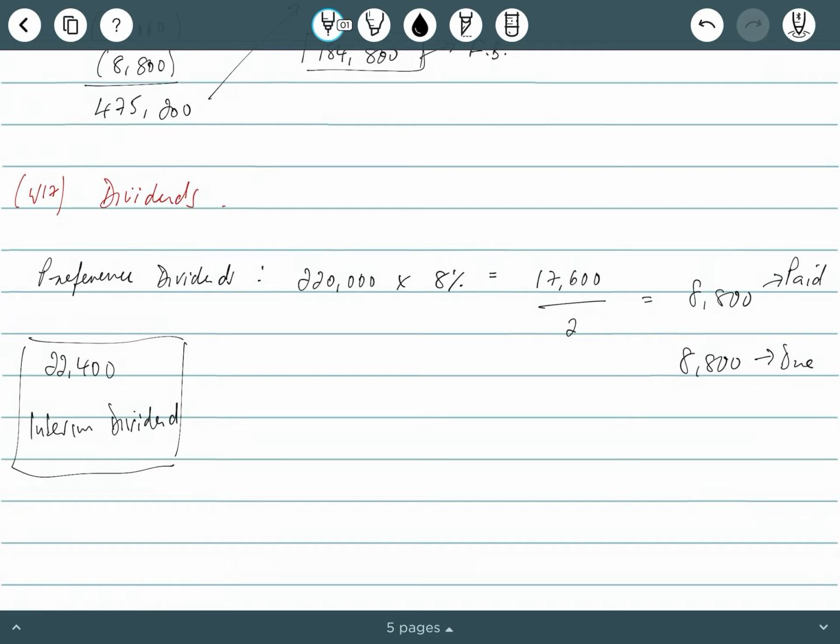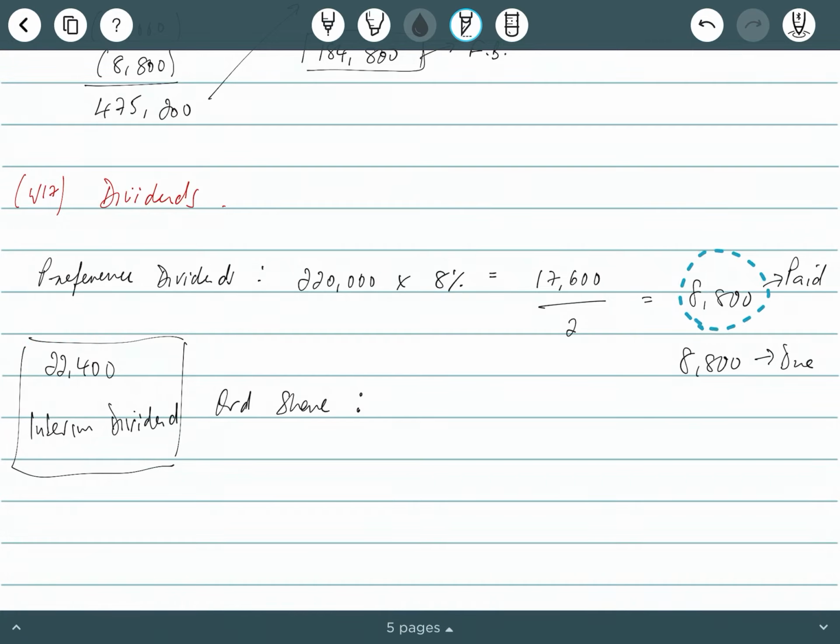Now let's look at the ordinary shareholders. What do they get? Well, the interim dividend you gave out was 22,400. From that you paid 8,800 to your preference shareholders.